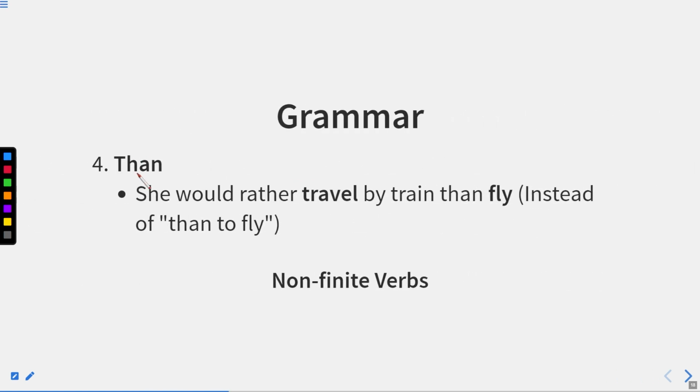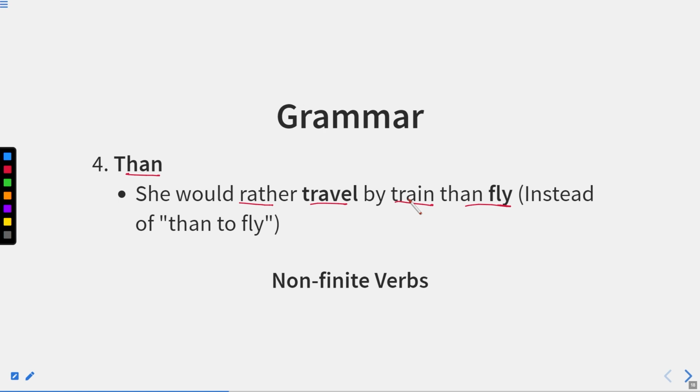Now we have the word than. Now than is obviously used in comparative degrees. So: she would rather travel by train than fly. It means that she will not fly. In fact, she will rather travel by train. So she compares a train journey to a fly journey, the aeroplane journey.